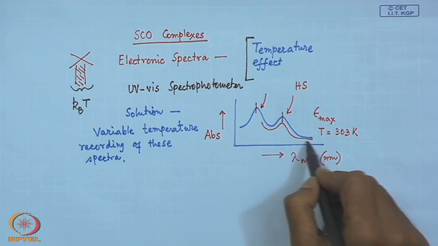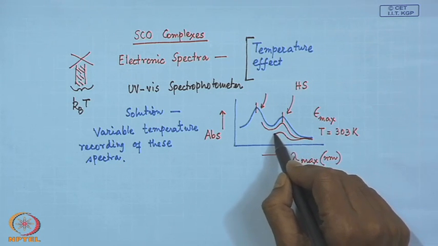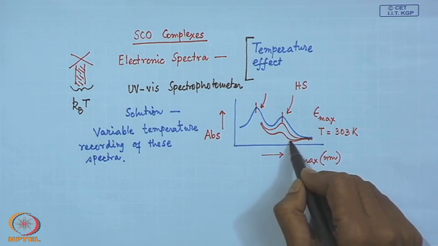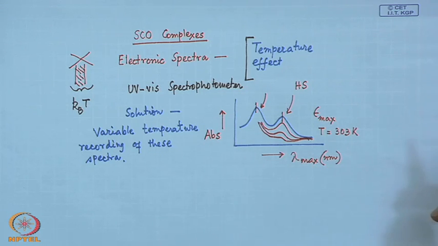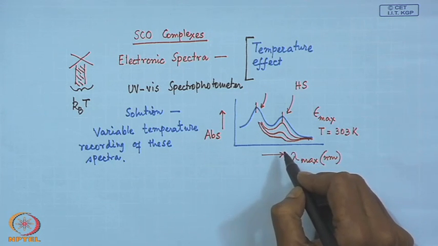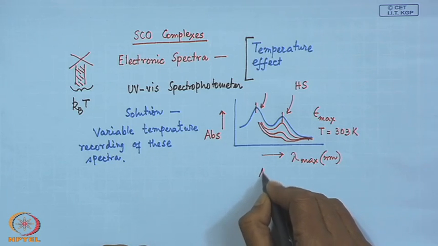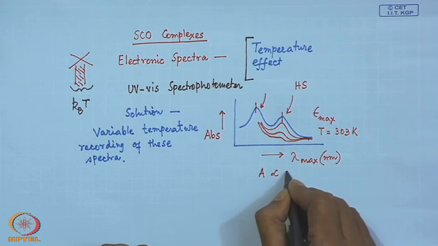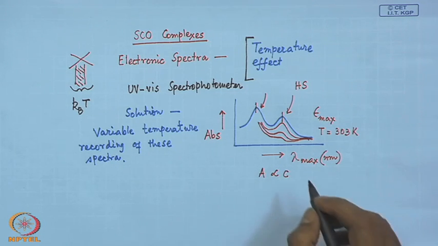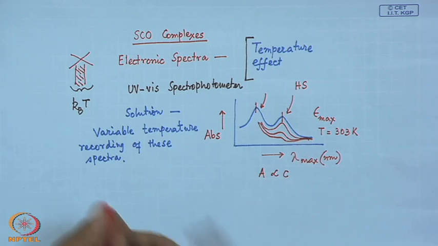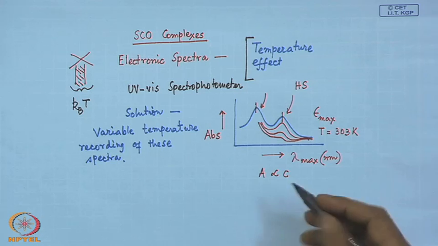This sort of trace we get, because we know that absorbance is proportional to the concentration, particularly when we are looking for the concentration of the high spin molecule.